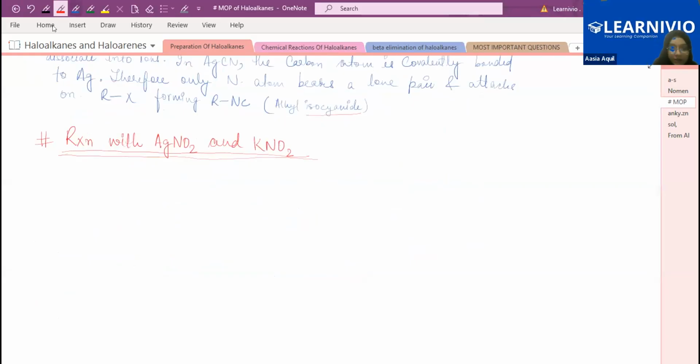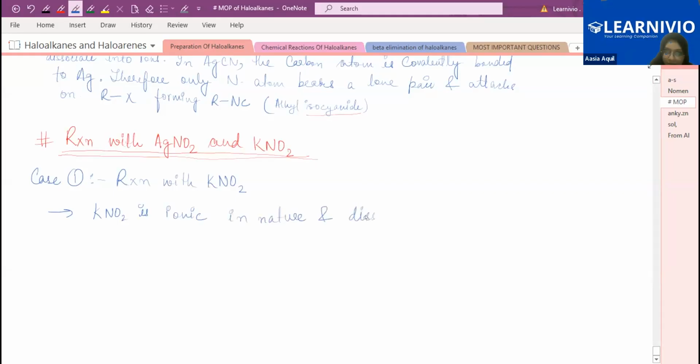Write down case number 1: reaction with KNO2, potassium nitrite. Again, KNO2 is ionic in nature, so it will dissociate into K plus and NO2 minus.